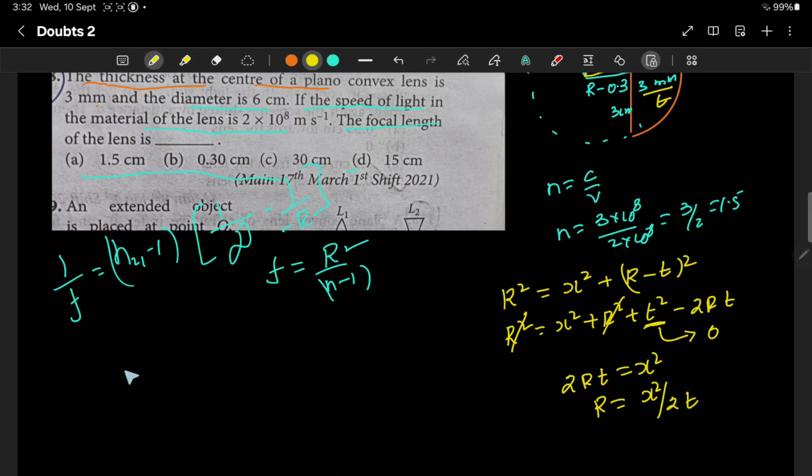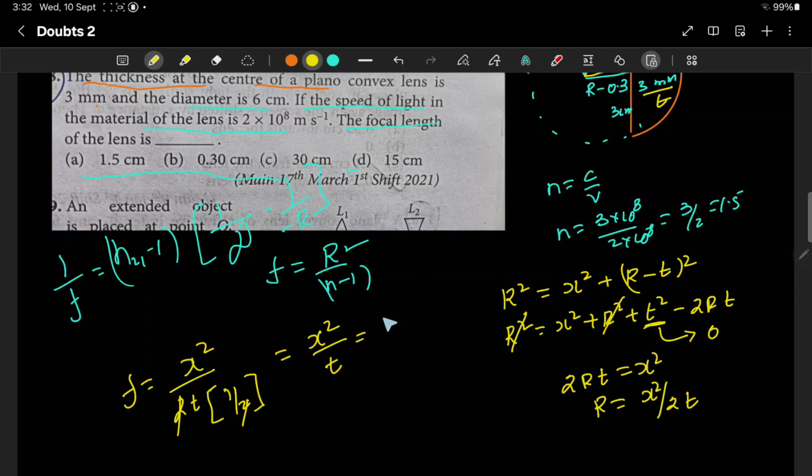Now we can apply it in this formula. So f is nothing but r, which is x square by 2t, into n minus 1. I know n is 1.5. If you subtract, you will get 0.5. Let me make it as 1 by 2. So 2 and 2 will get cancelled. So you will get x square by t.